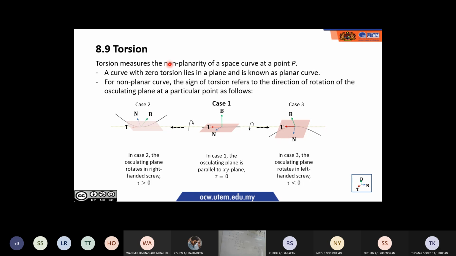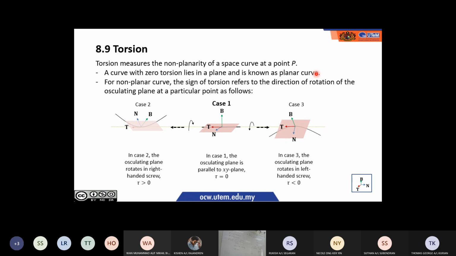When the osculating plane is parallel to the xy plane, the horizontal plane, then the torsion is 0. It is planar. So a curve with 0 torsion lies in the plane. Remember this one: a curve with 0 torsion must lie in the plane, and it is known as a planar curve.